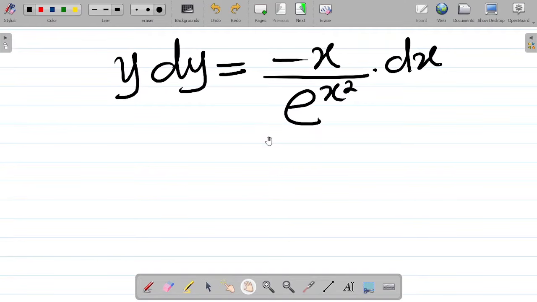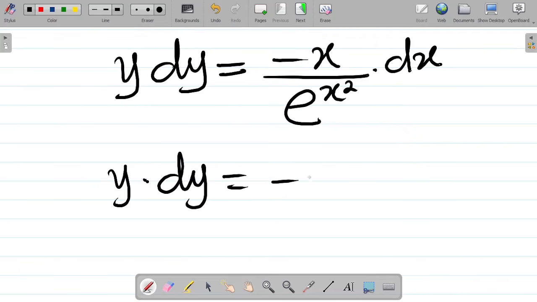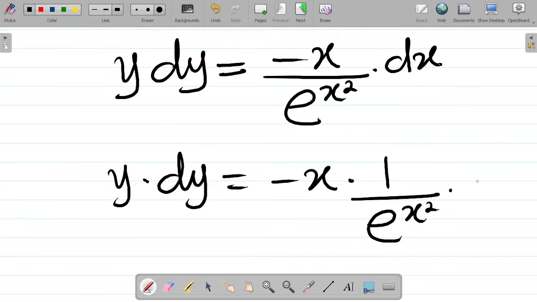Now, first things first, we have now separated the variables correctly. So what do we do next? We have to integrate both sides. But before the integration, we can express this in a better form. This is the same thing as saying y dy is equal to minus x times 1 all over exponential x squared dx.